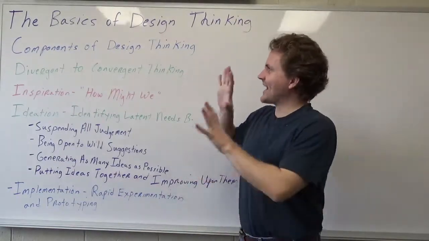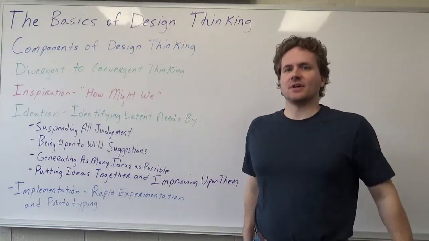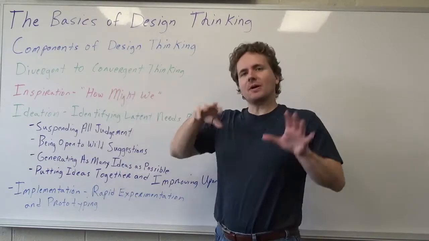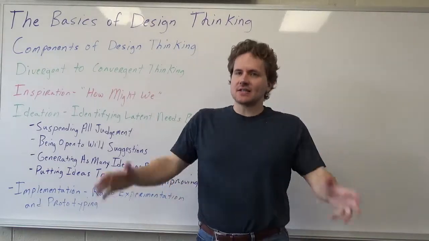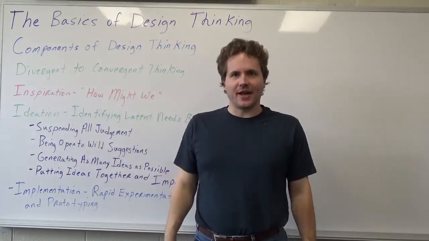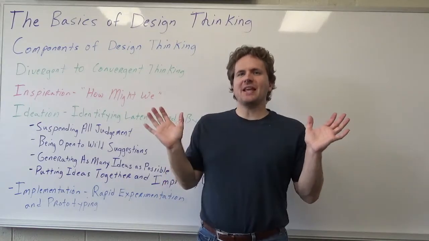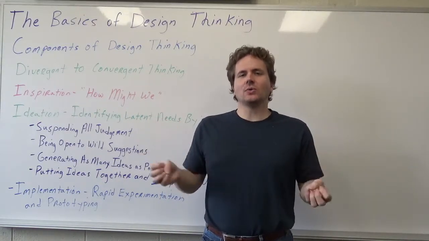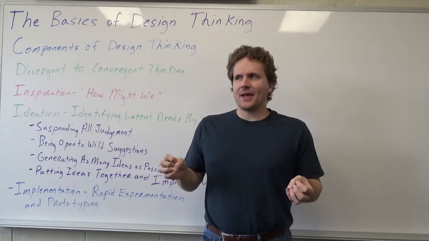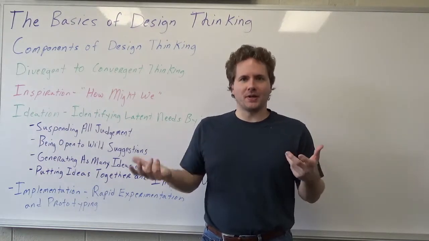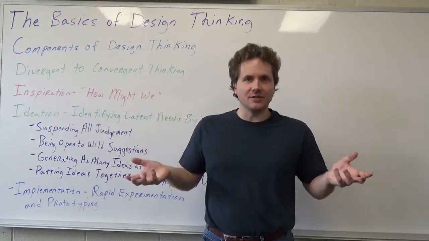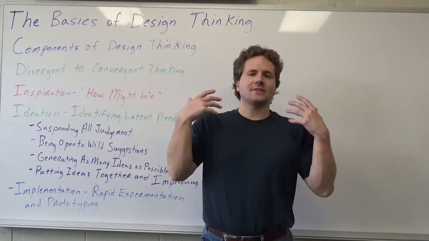Welcome back. So let's look at the components of design thinking. And again, we talked about this divergent to convergent thinking. This is a classic Mary Parker Follett thing in action, right? You take as many ideas as you can, and you notice, if you ask two people their opinions on something, let's say they throw out 10 opinions.